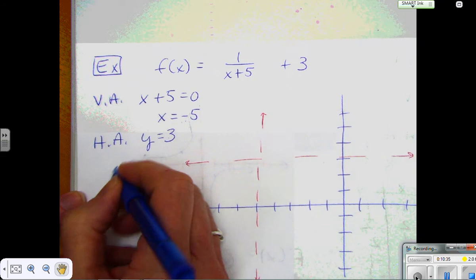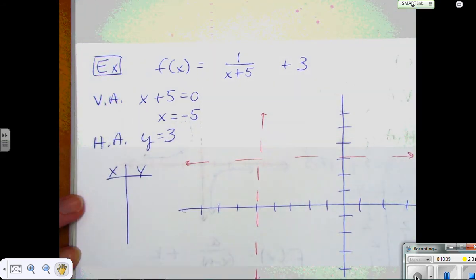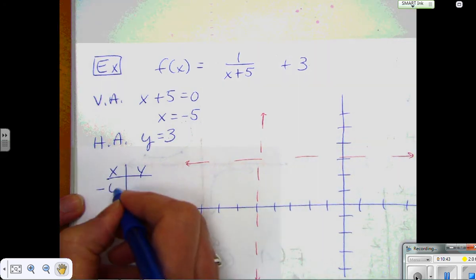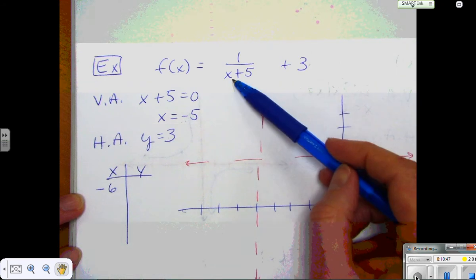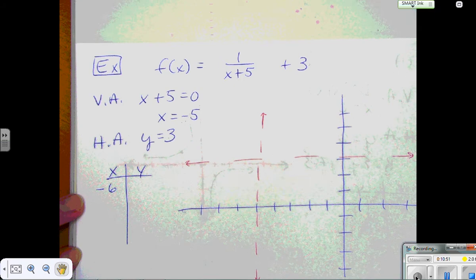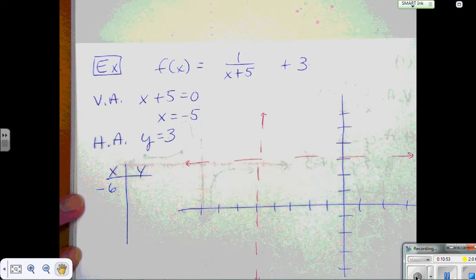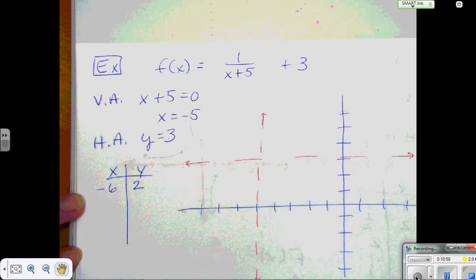So since x cannot equal negative 5, I'm going to pick values on either side of that to plug in. Okay, so let's pick negative 6. If I put a negative 6 in here for x, what does y have to be? 2. Okay, so let's pick a value on the other side of negative 5.